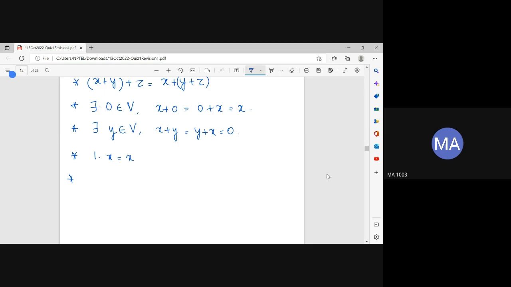And then alpha times beta x should be equal to alpha beta times x. Alpha plus beta times x should be alpha x plus beta x.